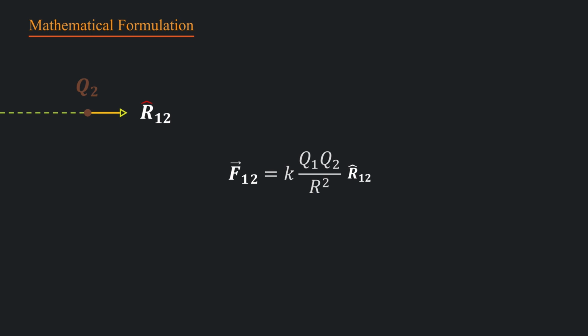Remember, a unit vector has magnitude 1, so the magnitude of the force will remain unchanged. Now this is a vector equation, so I put a vector sign on F12. Here the subscript denotes the force on charge Q2 due to the interaction between charges Q1 and Q2. Finally, let's see if this vector equation agrees with our observations.